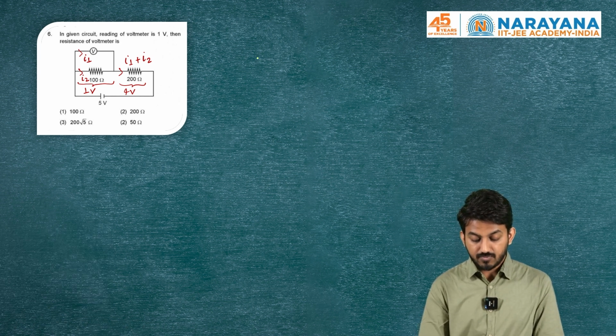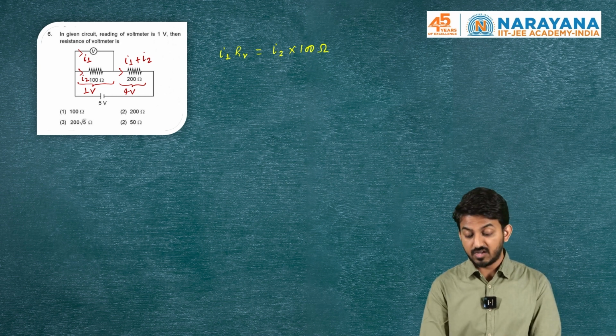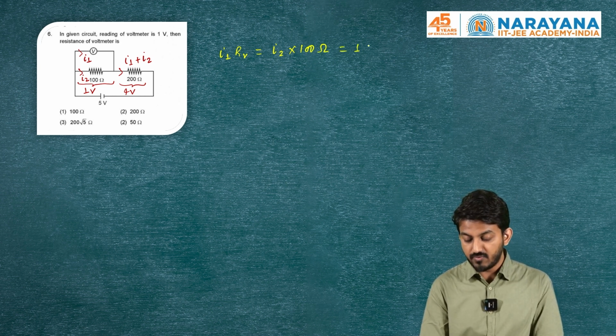Now, because the values are given, I can take I1 into resistance of the voltmeter should be equal to I2 into 100 ohm, because they are connected in parallel, and this voltage is given to be 1 volt. Now, this relation gives us that I2 is equal to 1 over 100 ampere.